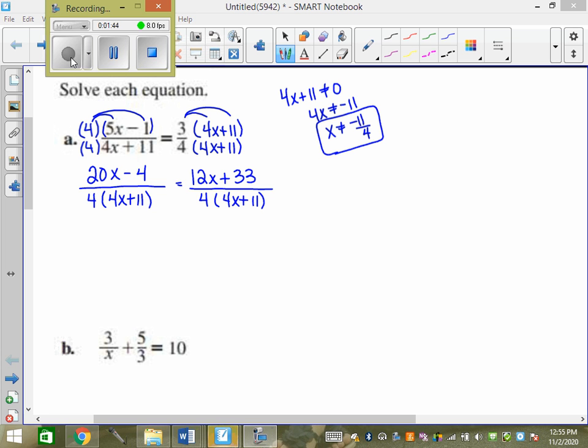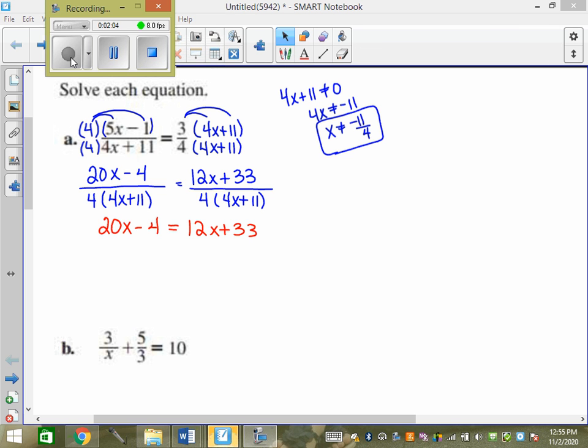All right, so we have denominator and denominator. Now we can drop the bottoms off because they equal the same. We can drop the electric fence and we can just write our numerators. 20x minus 4 equals 12x plus 33. The electric fence is dropped, so now I can cross over the equal sign, right? I can choose to put my x's together.